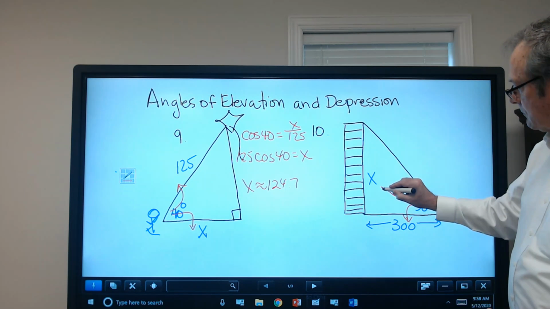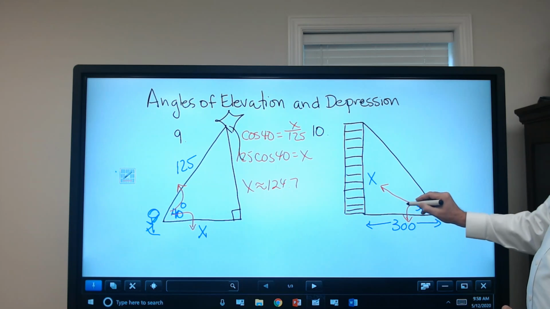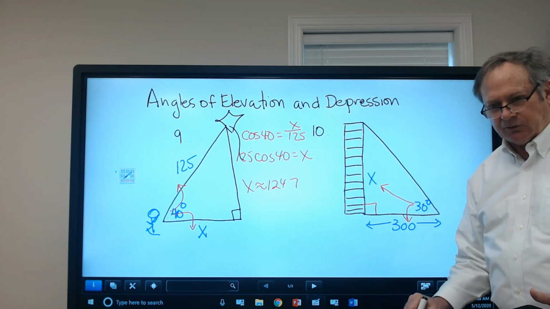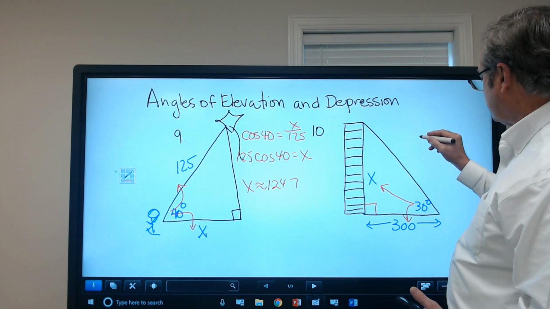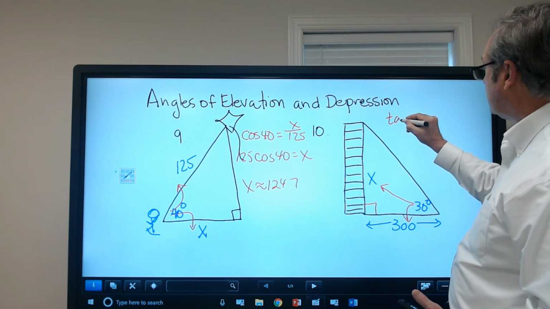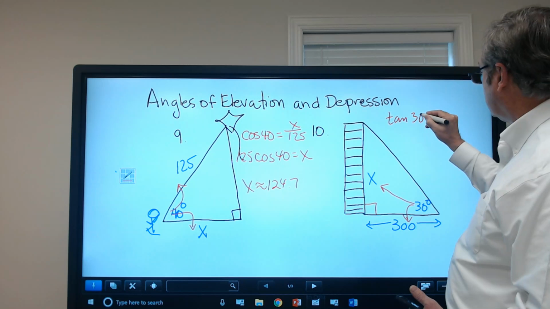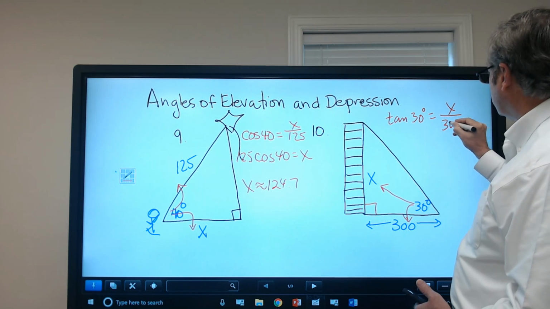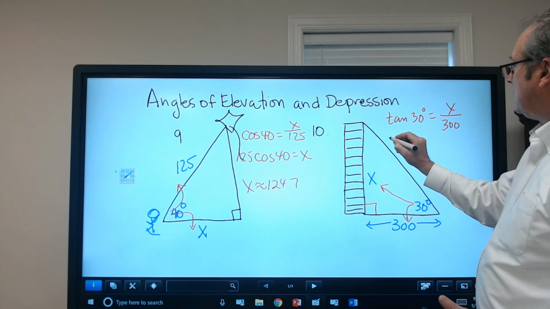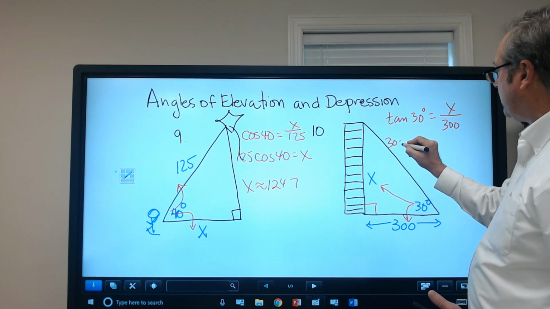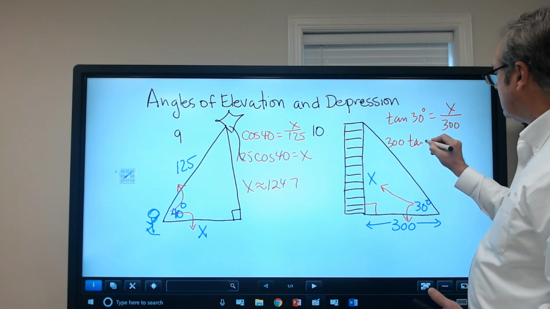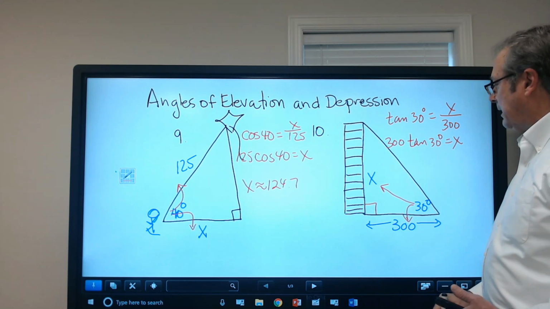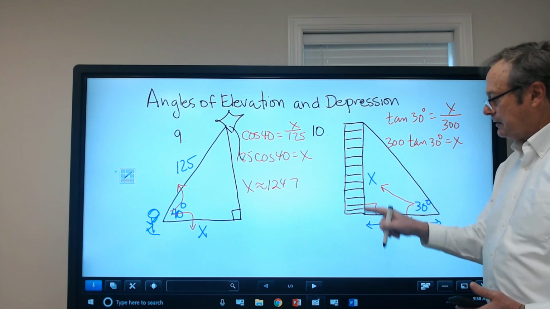Here again, we've got an opposite, an adjacent, and that's the hypotenuse, so opposite over adjacent, that's going to be tangent. So we're going to say tangent of 30 degrees is equal to opposite over adjacent. And so, as we've been doing, we'll multiply both sides by 300, and that'll give us that length of the side.